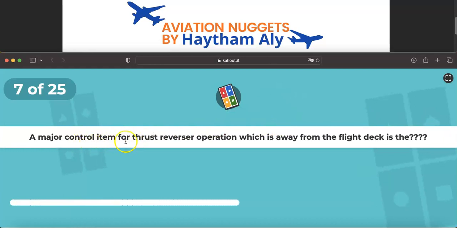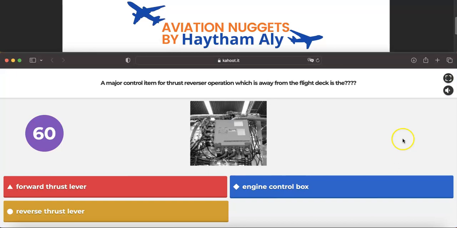A major control item for thrust reversal operation which is away from the flight deck is: forward thrust lever, engine control box, reverse thrust lever.